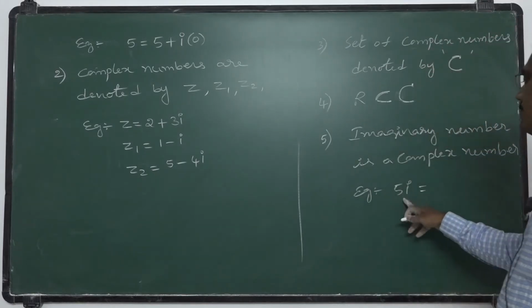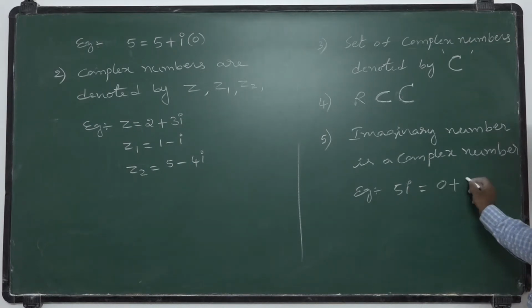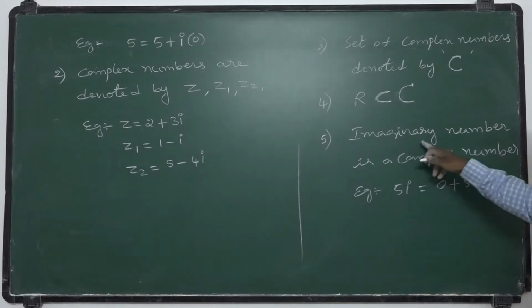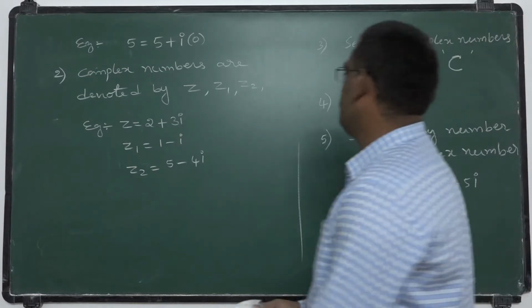We can express this number in the form of a plus ib, 0 plus 5 into i. So this is in the form of a plus ib, therefore this is a complex number. So an imaginary number is a complex number.